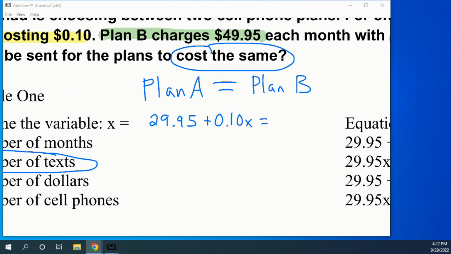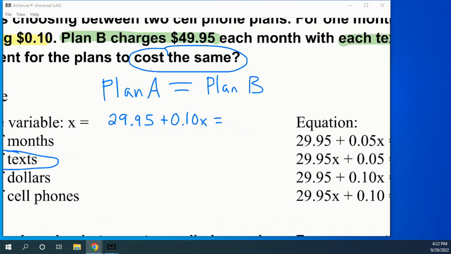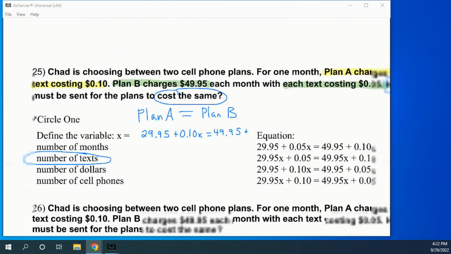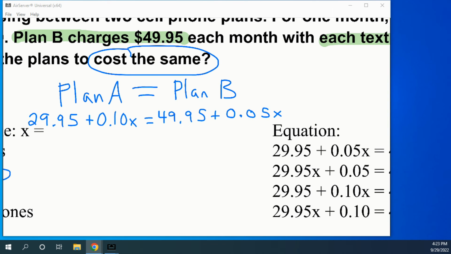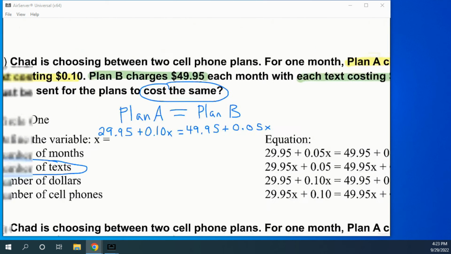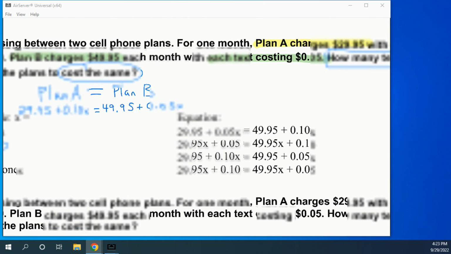Set up plan B's information, which is $49.95 plus 5 cents per text, 0.05 per text. Move this so it looks a little bit neater. That's where we are at on this. So that's the equation. We just need to select it down here.